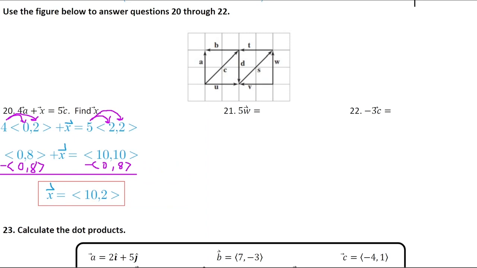Number 21 says 5 times w. So it looks like we're just going to be distributing a scalar 5 to a vector w, which is 0, comma 2. So we need to distribute the 5 to both the 0 and the 2. And we get 5 times 0, 0. 5 times 2 is 10.